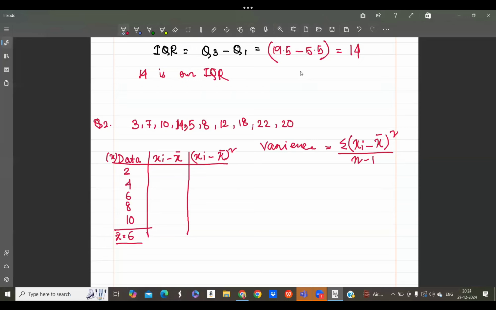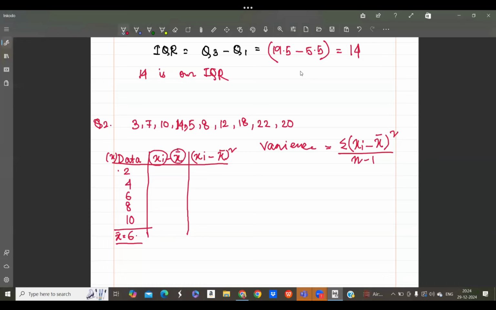Okay. Now the next step is the deviation from the mean of each data set. मतलब ये जो डेटा पॉइंट है एंड ये जो मीन है, इसके बीच में डिफरेंस और डेविएशन कितना है. So what you need to do, this is your data point and this is your mean.